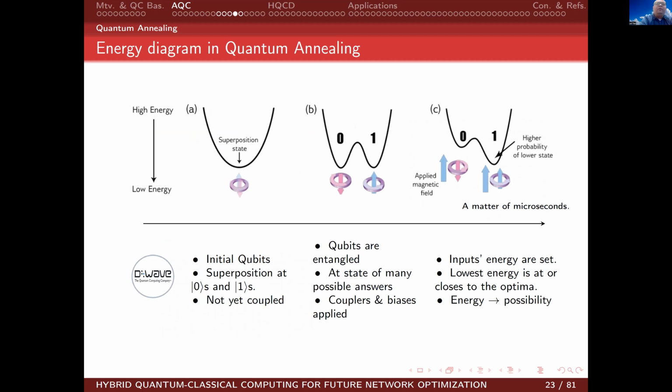On this slide, we explain how quantum annealing works. At the very beginning, we prepare the qubits so that they are in superposition and entangled with each other.